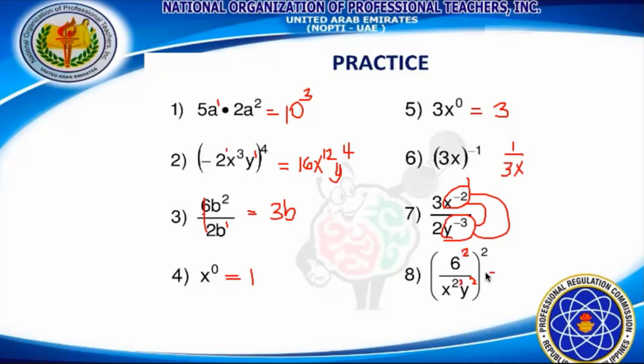Okay. So, 6 times 6, 36. X times 2 times 2, x fourth. And then, y times 2 is y 2. So, 36 over x to the fourth power y square.